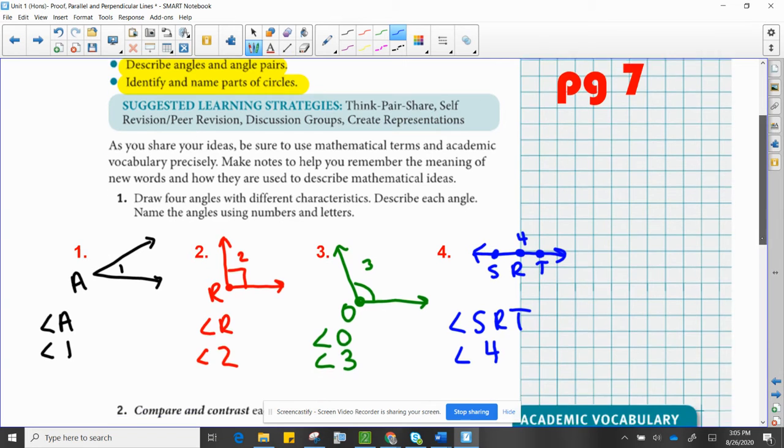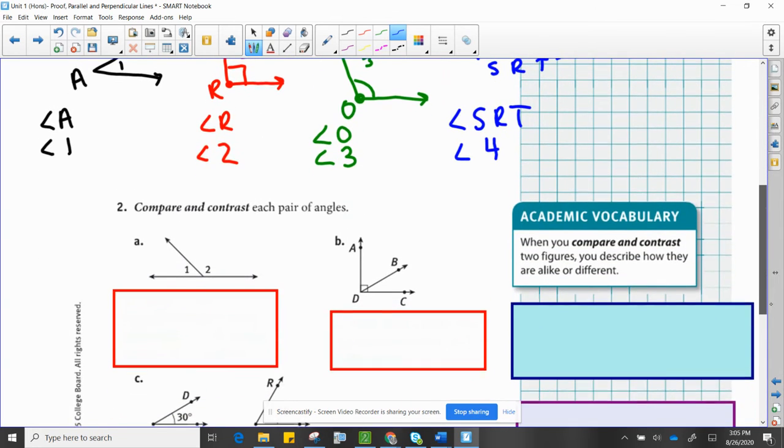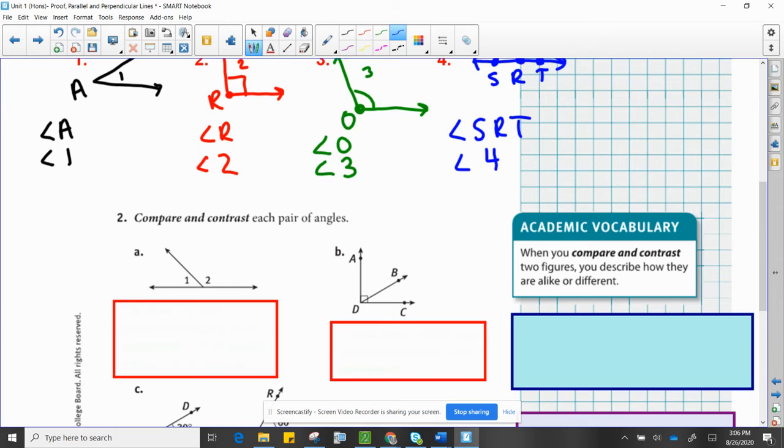So now what they're going to have us do in the next part is compare and contrast each set of angles. So if I look at 2A here, I notice that I have an acute angle, but then I also have this obtuse angle. So that's how they're different if I am contrasting them. But if I connect these angles all together, what would that make?